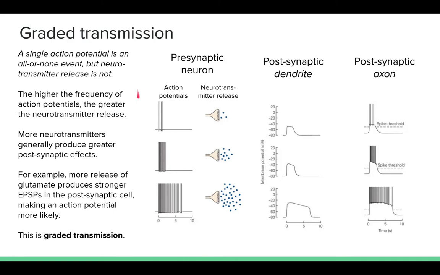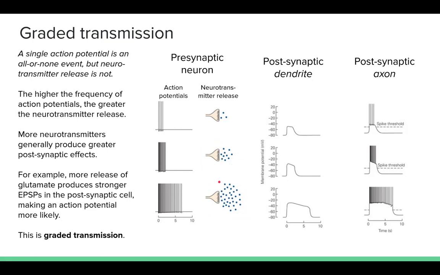What I mean by that is this: if we have, at an axon terminal, at a synapse, only a few action potentials coming in at a slow rate, that's going to result in a small release of neurotransmitter. As we increase the number of action potentials or the rate of action potentials incoming into the synaptic terminal, we're going to increase the amount of neurotransmitter that's released.